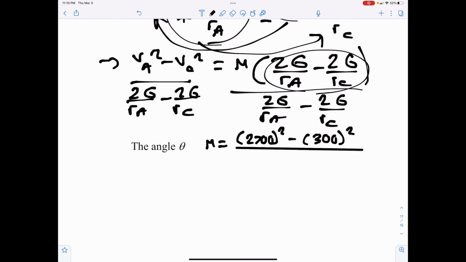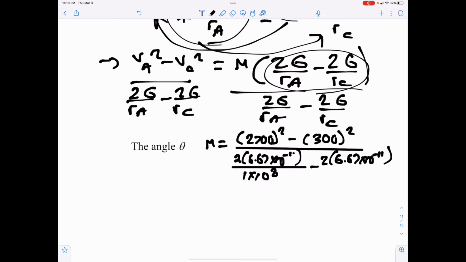So we're going to go 2 times 6.67 times 10 to the negative 11 over RA. What was RA again? 1 times 10 to the 8. Okay, and then minus 2 times 6.67 times 10 to the negative 11 over RC, which was considerably longer.